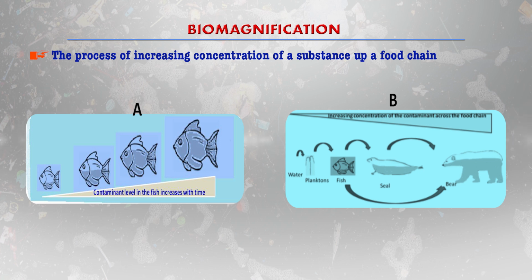There it is the same animal, and the substance accumulates over the time period. But in biomagnification, zooplankton are eaten by fish, fish are eaten by seals, and seals are eaten by bears. As the trophic level increases, the amount of chemical accumulated increases. This is known as biomagnification, when there is increased concentration of a substance up the trophic levels in the food chain.